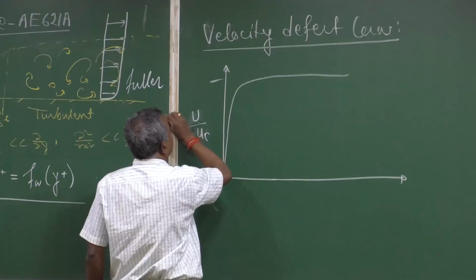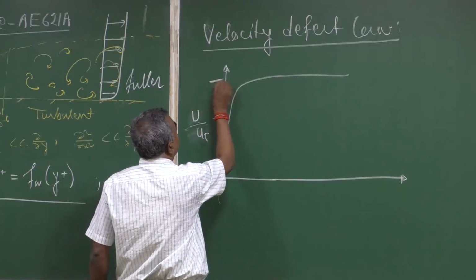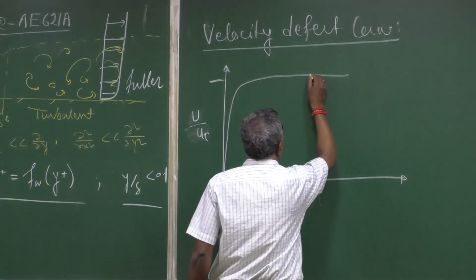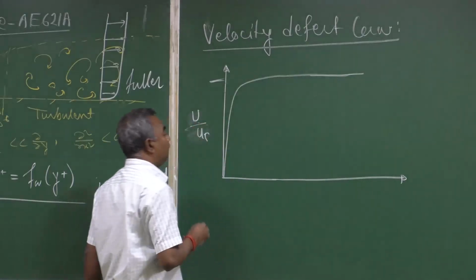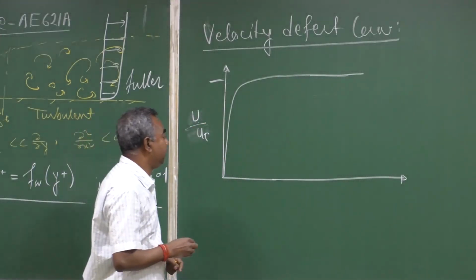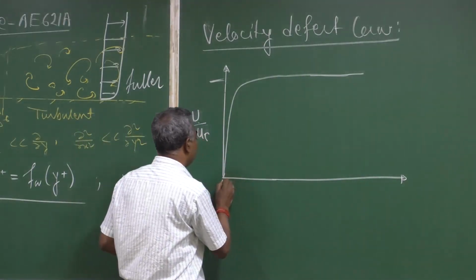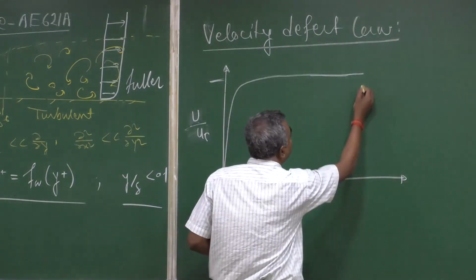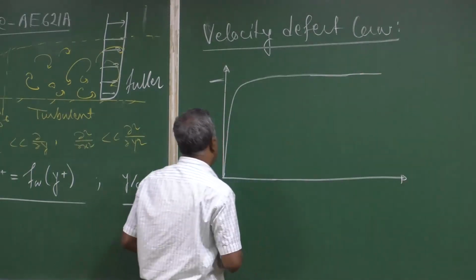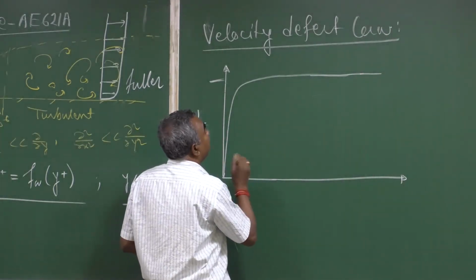So, this is the free stream, which is going to slowly become equal to the free stream velocity, and this is y equal to 0, okay, and increasing y.